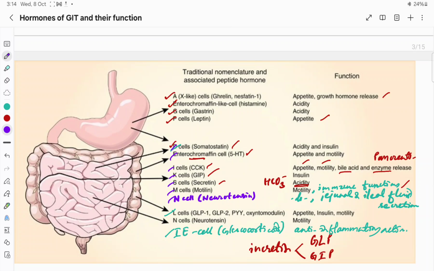And enterochromaffin cells are also located in the stomach, small intestine, as well as large intestine. So these two cells are located throughout the GIT, and the other cells we have just discussed.